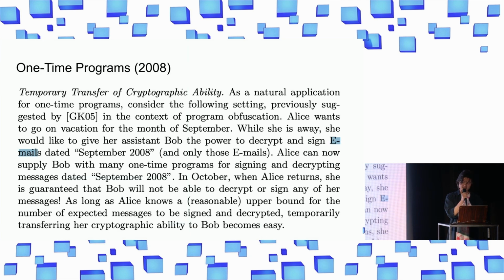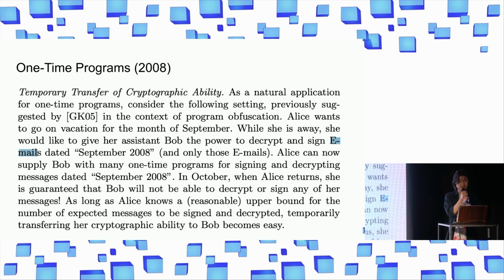Okay, yeah, and all of the previous work, I guess, can be captured by this work in 2008 called One-Time Programs. It's a classical cryptography paper, and if you actually look at the paper, the prime example you see in this is actually, I think, email delegation, right?